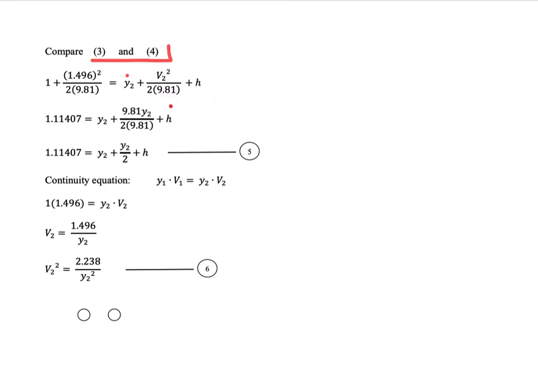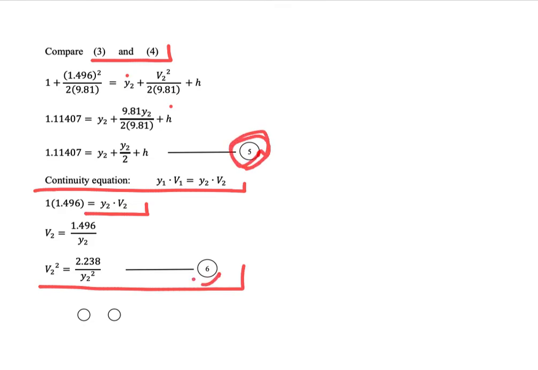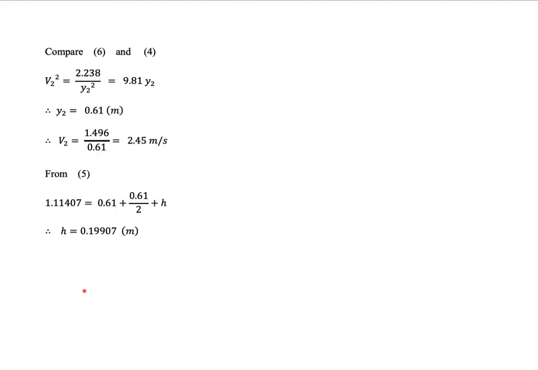We still have another equation, which is the continuity equation. We compare the continuity from point 1 to point 2, substitute, and create equation number 6. By using equation number 5 and equation number 6, we have only two unknown parameters. We get that the value of y2 is equal to 0.61 meter, and the velocity at point 2 is 2.45 meter per second.